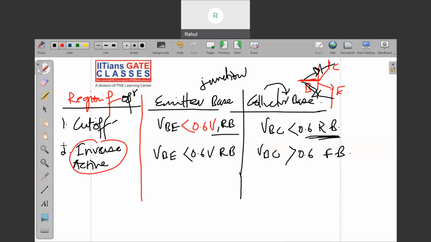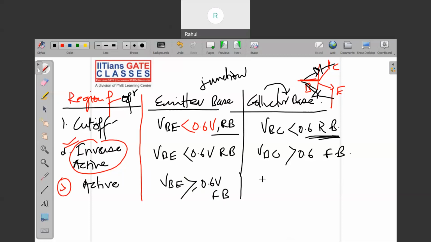This is like an amplifier, the region of operation, that is the active region, right? If the base to emitter voltage is greater than or equal to 0.6, your junction will be in forward bias.